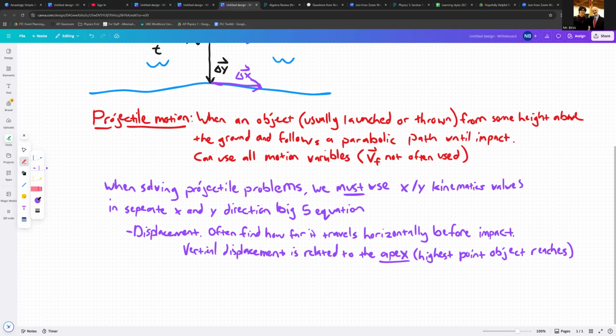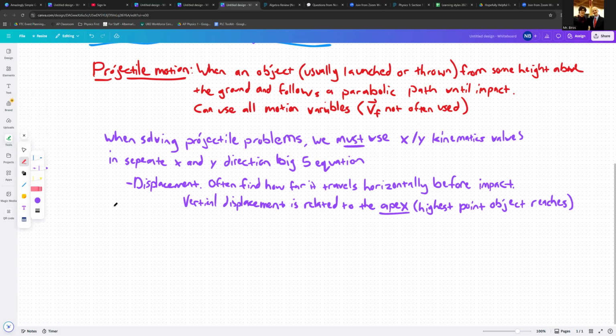Also, one last thing, which we'll see in our examples, is if our object launches and lands at the same height, then delta y equals 0.